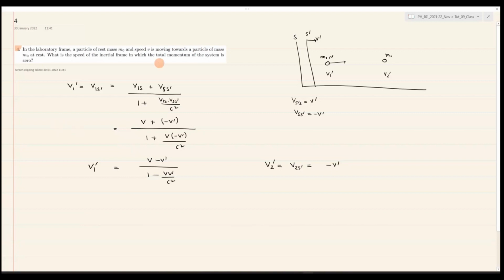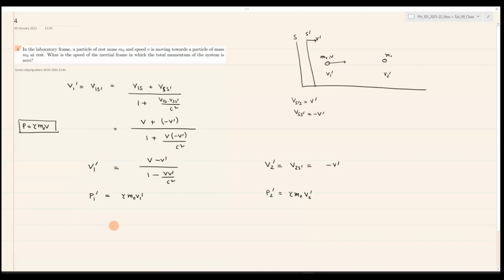Now let us find the momentums. Total momentum we want to find. So what will be the momentum of 1 in the S prime frame? The momentum formula in relativity is gamma m0 v. So the momentum of 1 in the S prime frame will be gamma m0 v1 prime, and the momentum of 2 in the S prime frame will be gamma m0 into v2 prime.